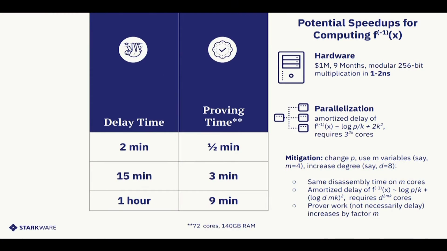And the mitigation that could help a little bit with both of these things is, of course, to change the parameters, to change P. This already messes up things for someone trying to build dedicated hardware. You could use more variables, let's say 2, 3, or 4, and you could increase the degree a little bit. And if you look at the numbers, what happens to both of these attacks, they get stuck very quickly.